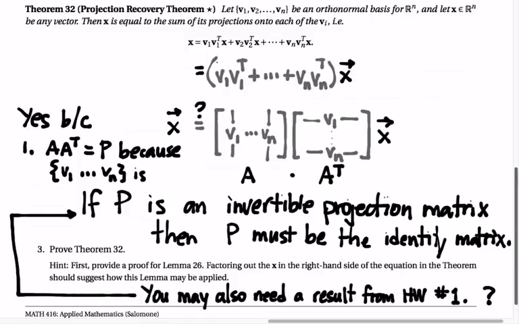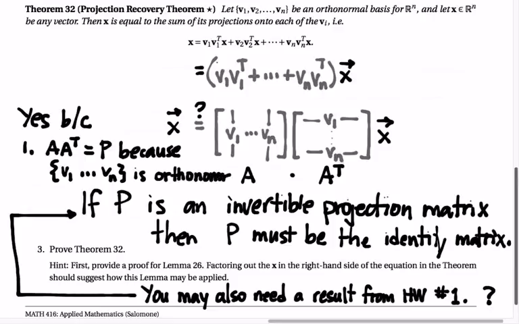Well, that's our second step. We need to establish that second. But first, why do we get away with just A A transpose instead of A times the inverse of A transpose A times A transpose? Because they have unit length and are orthogonal, right. They have both properties.